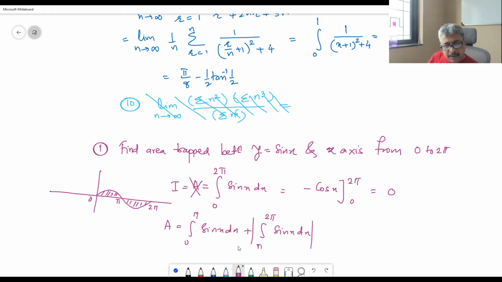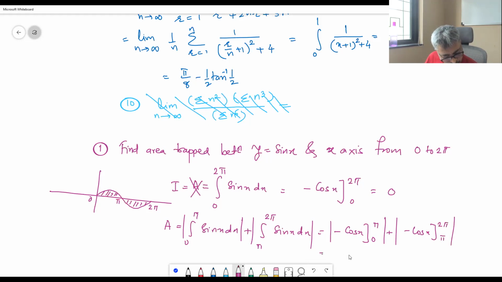We can put absolute value everywhere, because if absolute values are not there, these two areas will get cancelled because they are equal. So either you write absolute value or you consider each interval and add those areas eventually. So now it is absolute value of minus cos x evaluated between 0 to pi, plus absolute value of minus cos x evaluated between 2 pi to pi. So how much is it going?